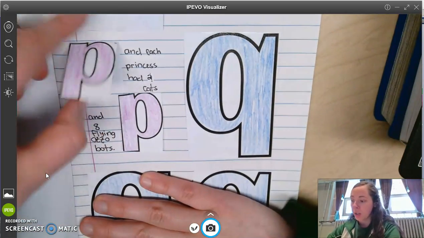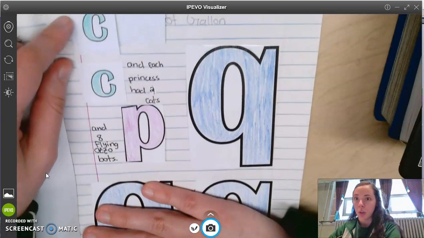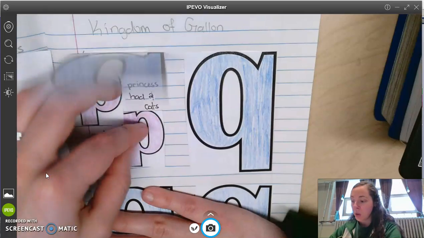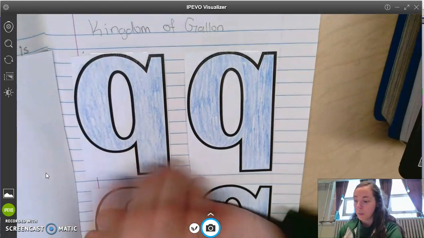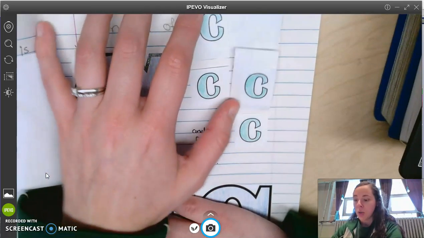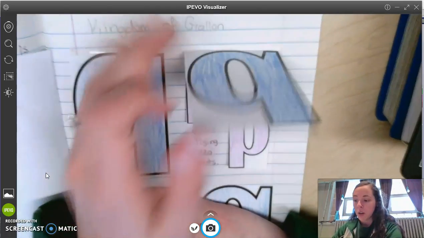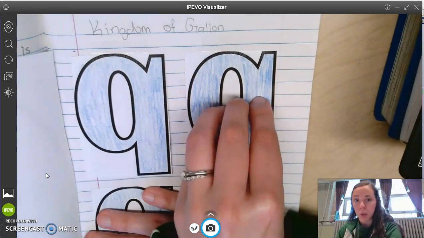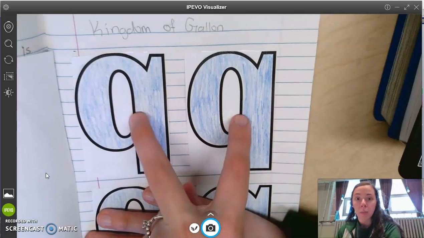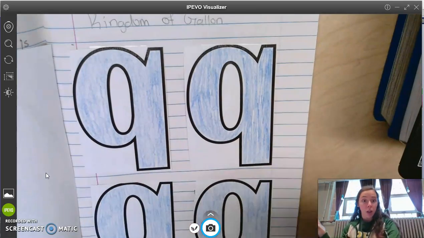Inside 1 quart, there's 2 cups here and 2 cups here. So that's 4 cups under 1 quart. 2 cups and 2 cups make 4 cups under another quart. 4 cups plus 4 cups is 8 cups. So there are 8 cups in 2 quarts. So we did it right. Awesome.